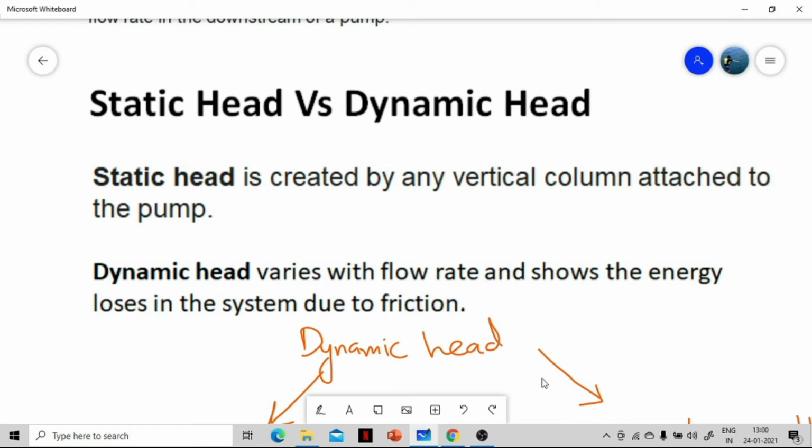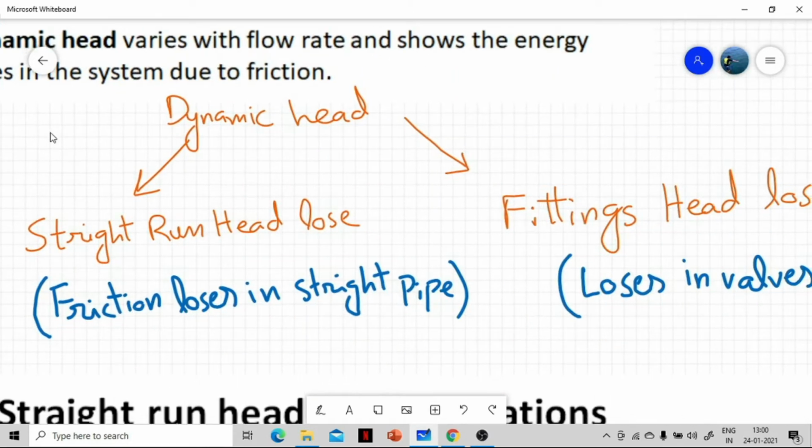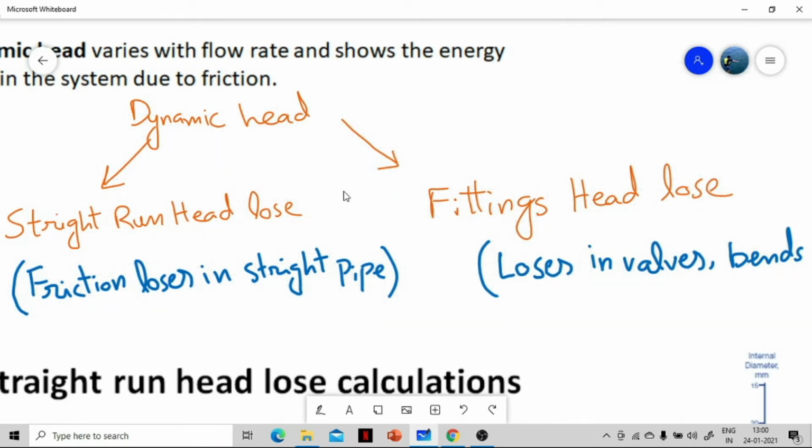Dynamic head is further subclassified into two different classes. One is the straight run head loss, and the second one is the fitting head loss.